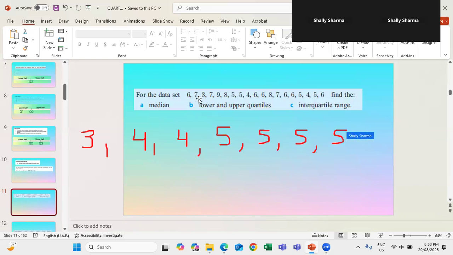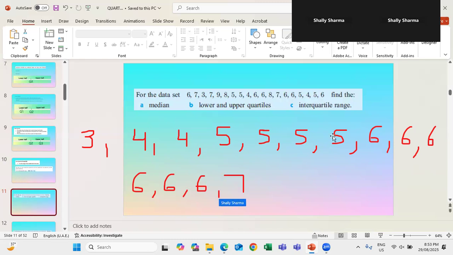Then we have 6: 1, 2, 3, 4, 5, 6. 6 is basically 6 times. Then we have 7, which is 1, 2, 3. So it is 3 times.